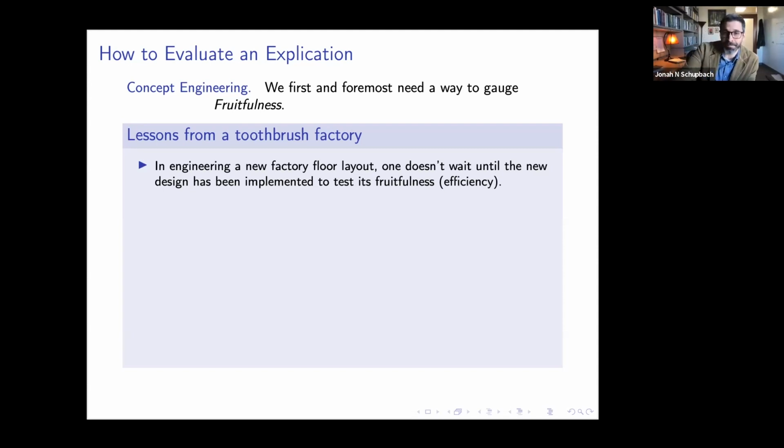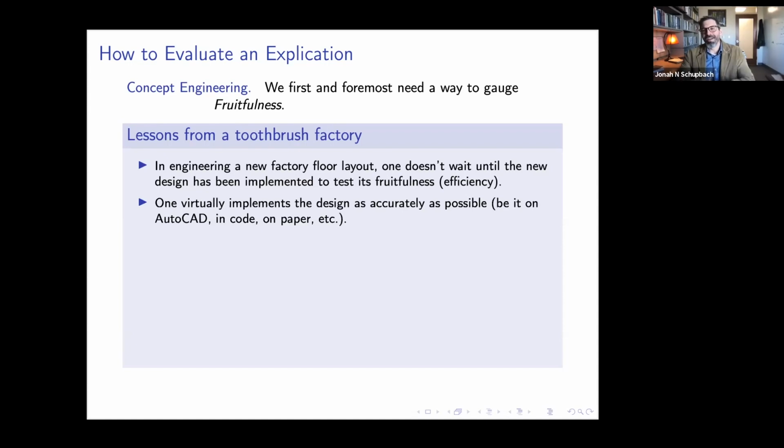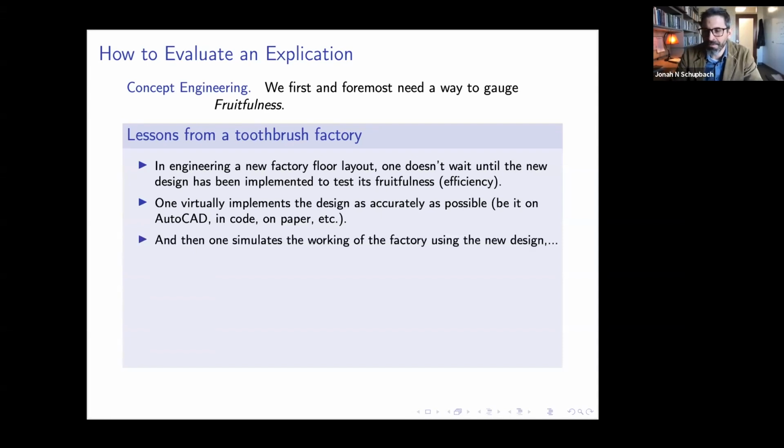So what do you do instead? Instead, you virtually implement the design as accurately as you possibly can, but virtually. The way that we were doing this is you used AutoCAD, and you represented as accurately as possible on the computer your new floor layout and design. Then using that, you simulated the working of the factory with the new design.